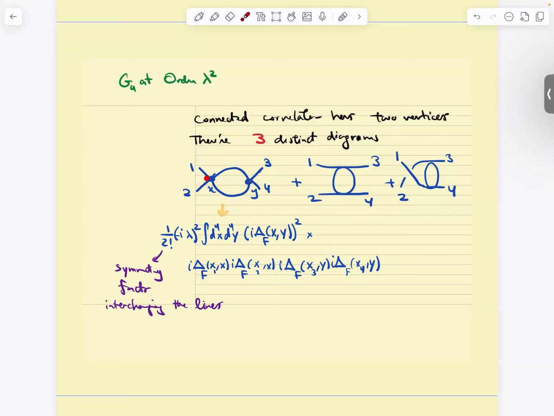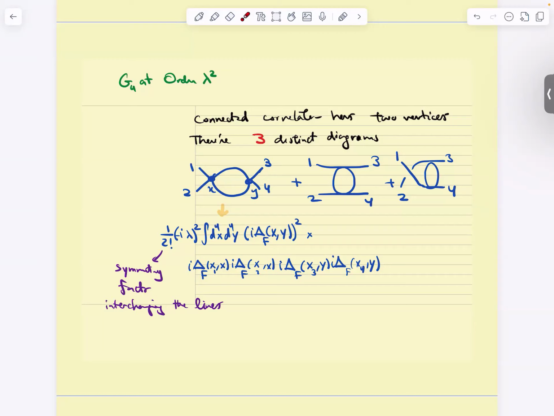There is a propagator here. That's this propagator. There's a propagator here. So there are 2 of them. You have to integrate over x and y. Here's the integral over x and y. x1 and x is this. x2 and x is this. x3 and y is this. x4 and y is this. Good? So that's what this diagram is.